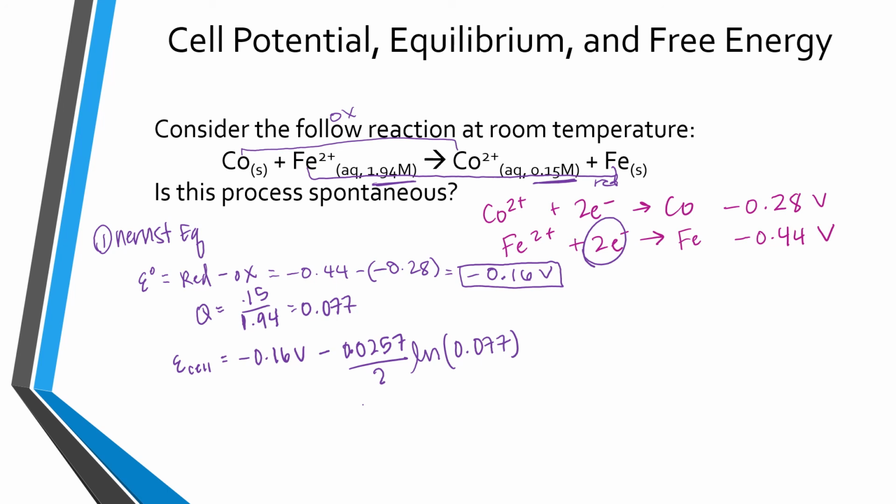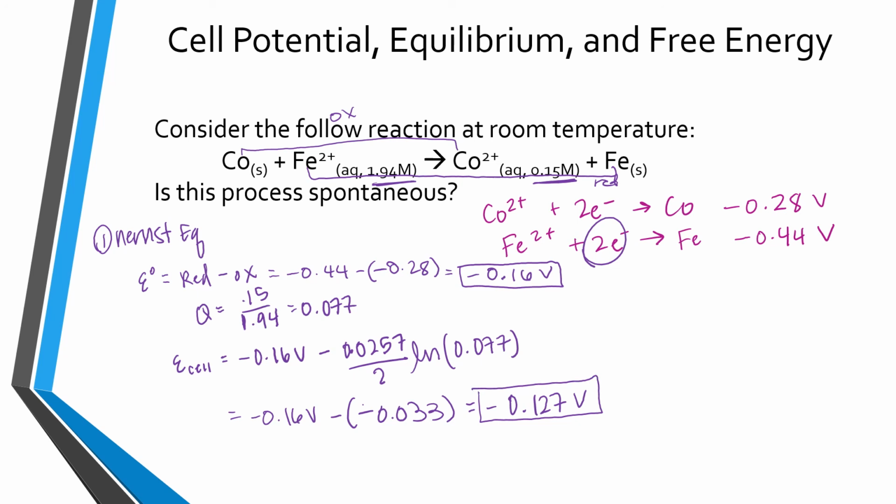Let me do this math. I get negative 0.16 volts minus negative 0.033. So that gives me negative 0.127.